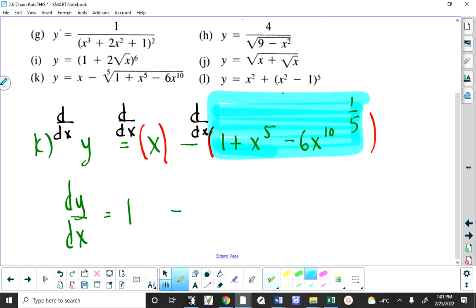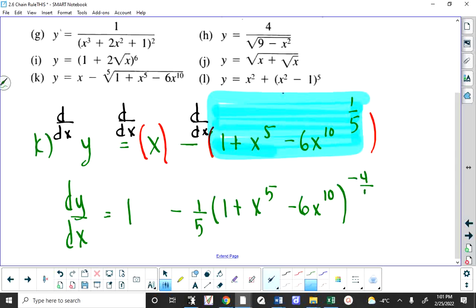It's a base raised to an exponent, which we call a power. And the derivative of that is found by wrapping that exponent around the base, which remains the same, dropping 1 from the exponent. So 1 taken away from 1/5 is negative 4/5. Is that right? Yeah.